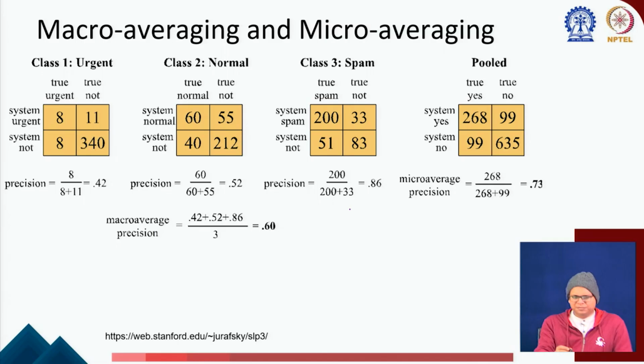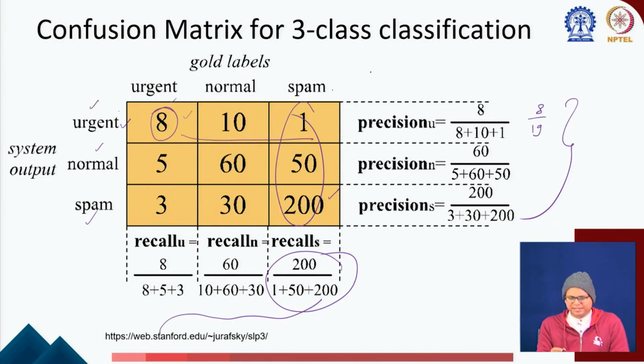Let's say we have the previous table itself, from which we can combine the results into a single matrix to make it look like a binary classification. If you recall, this was our matrix. I want to combine this into a single binary matrix for the urgent class. So urgent, not urgent, on both axes. Urgent remains 8.